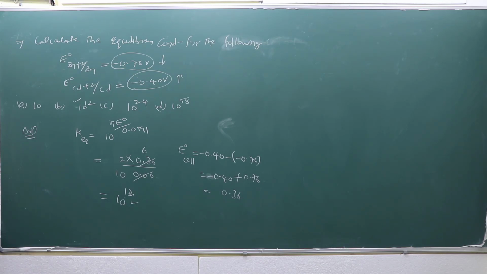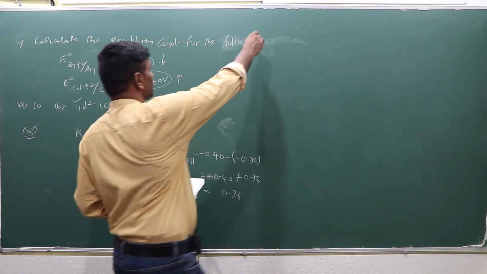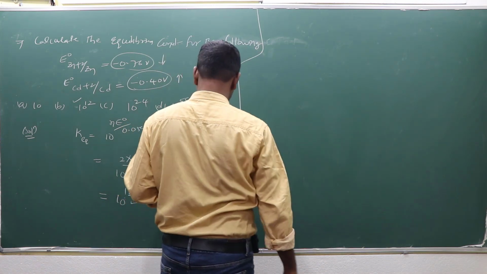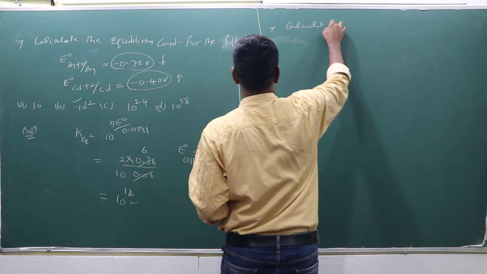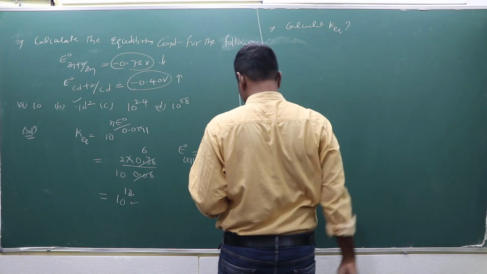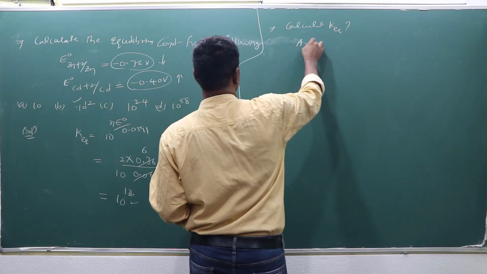Next, similar type of problem, the last problem of this following type. Next one is calculate the equilibrium constant. Similar one. Calculate K equilibrium for the following reaction.